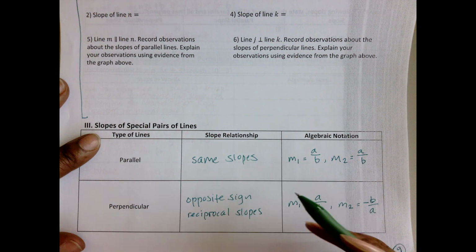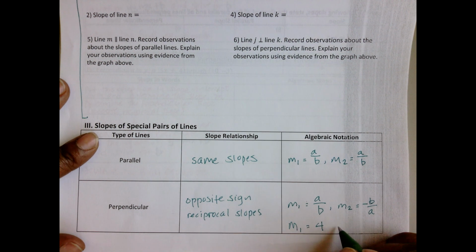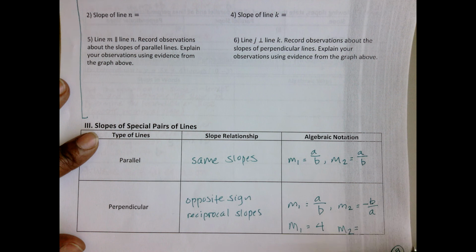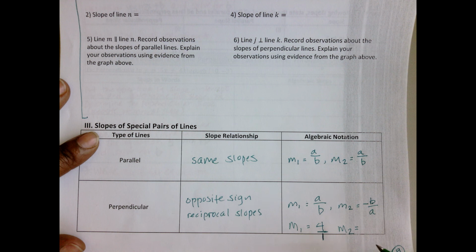But what if you get a slope that's a 4, and you're told to find the slope of the line that is perpendicular? Well, it is implied that every whole number is over the number 1, because 4 divided by 1 is 4. So 4 over 1 is the same as 4.